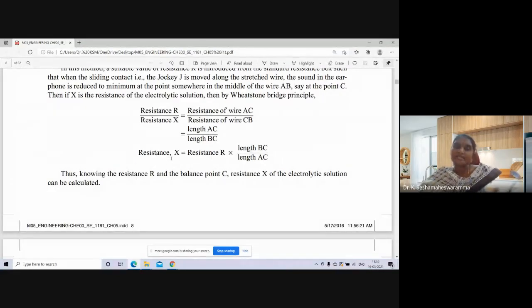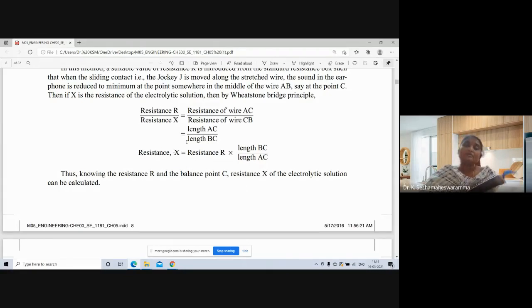Hence, resistance X is equal to resistance R into length BC by length AC. Thus, knowing the resistance R and the balance point C, the resistance X of the electrolytic solution can be calculated.